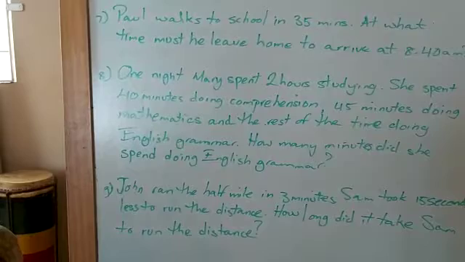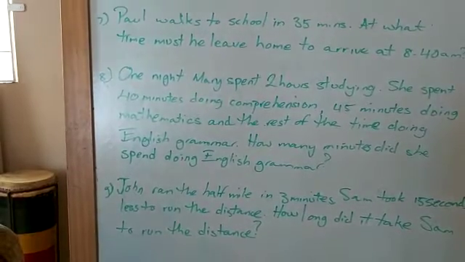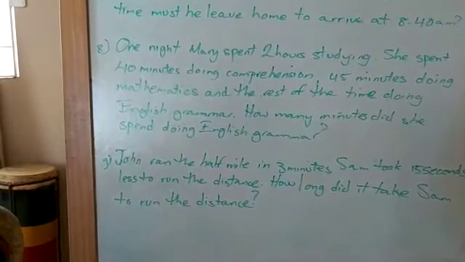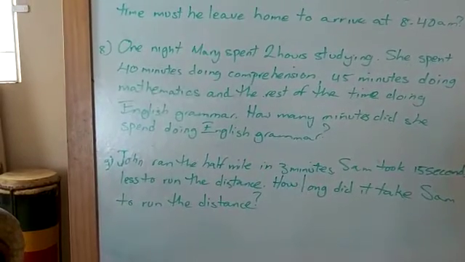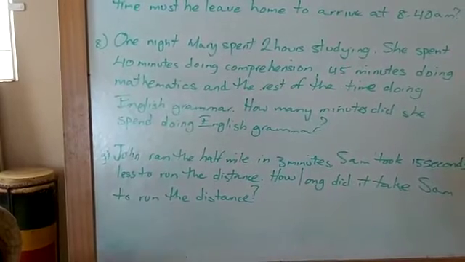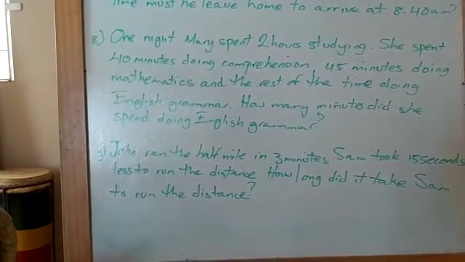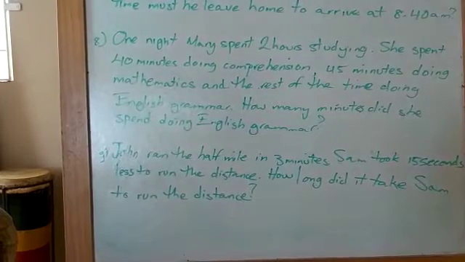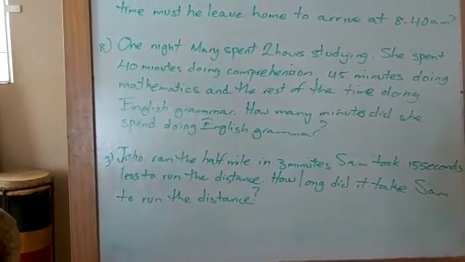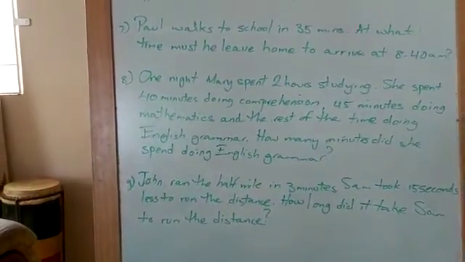How many minutes did she spend doing English grammar? And the last question, number 9. John ran the half mile in 3 minutes. Sam took 15 seconds less to run the same distance. How long did it take Sam to run the distance?